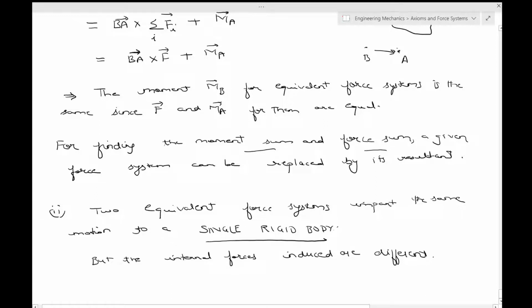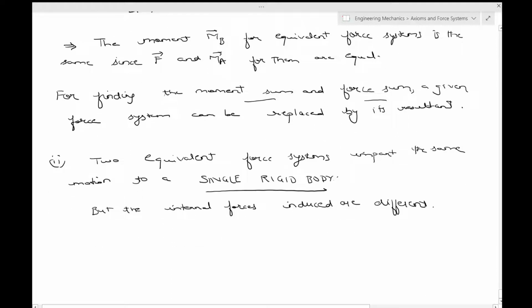So let's consider a case over here that you have this rigid bar. I am mentioning the word rigid so that you don't take it as elastic. So you have one situation in which there is P1 and P2, and this is obviously in tension.